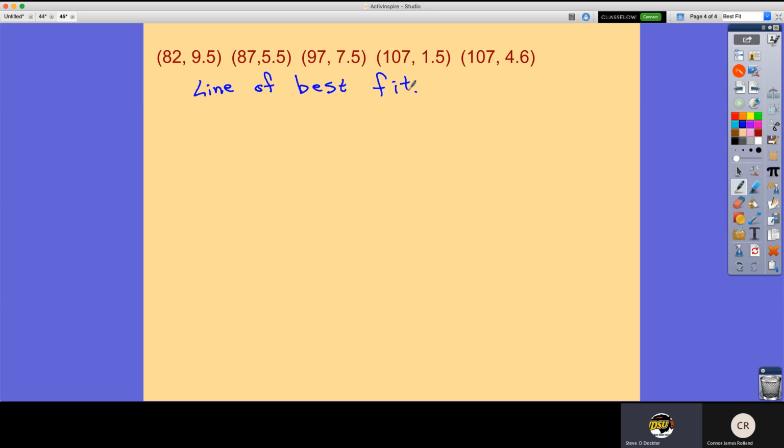For L1 we're going to put in all of our X values. So we put in those 5 numbers for our X values. Our Y values are going to go into the L2 column.